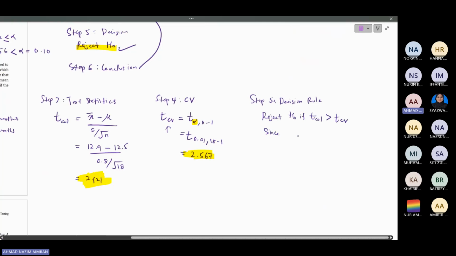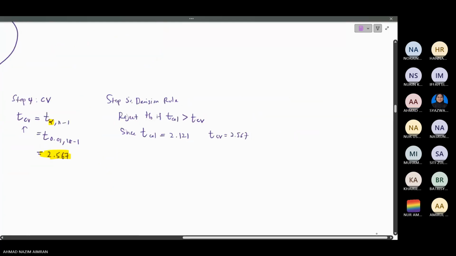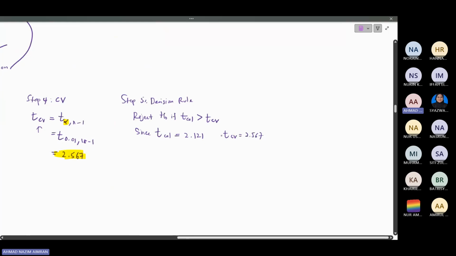Since t calculated is equal to 2.121 and the t critical value is equal to 2.567. Now, is 2.121 less than or greater than 2.567?